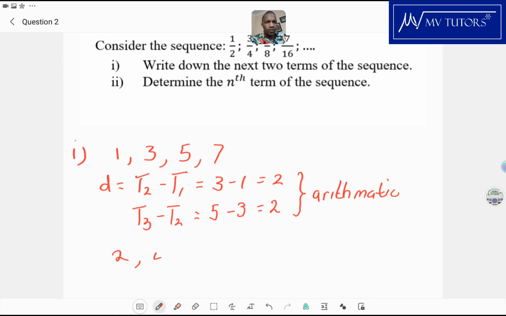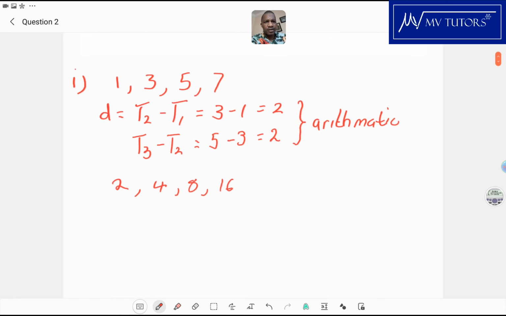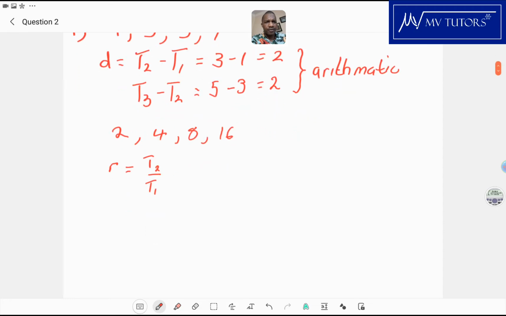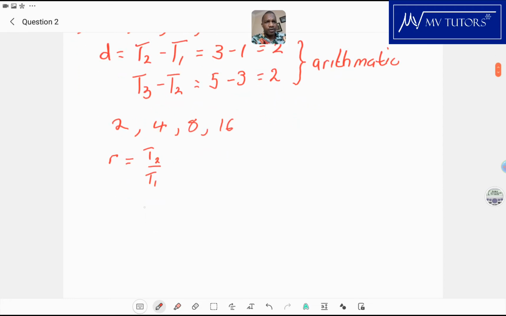We have 2, 4, 8, 16. Just by looking at it, I can tell that it's geometric. So under geometric, we saw R, and it equals term 2 divided by term 1. It's also equal to term 3 divided by term 2.